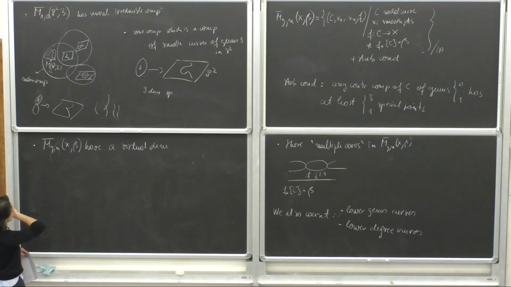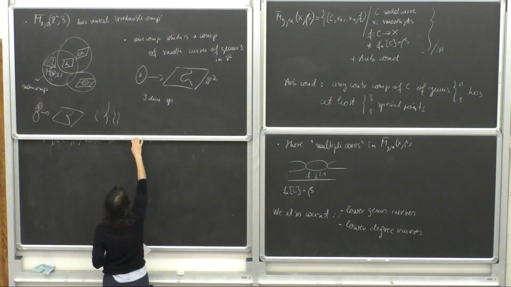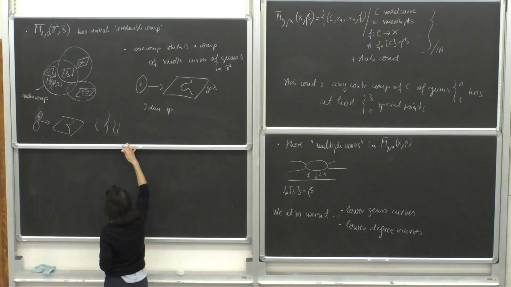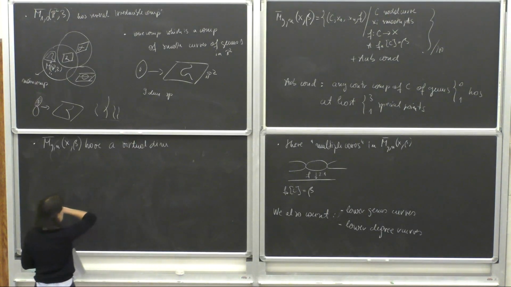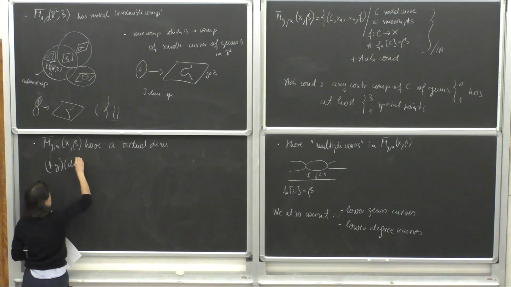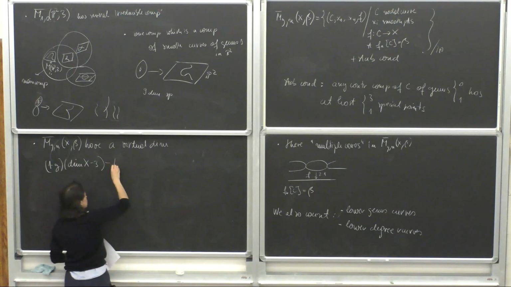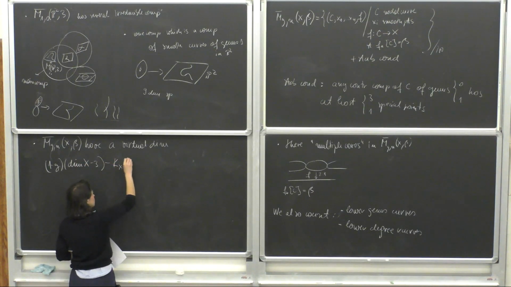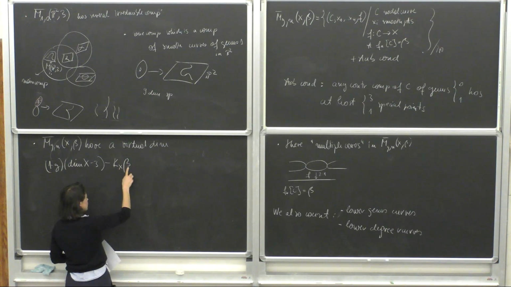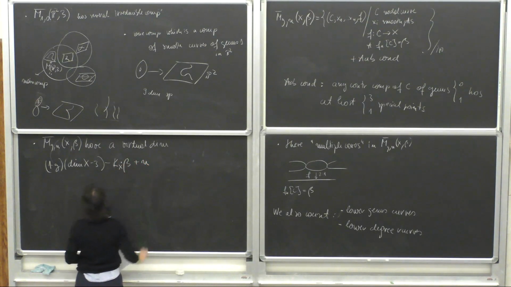In this case, this virtual dimension would have been 9, so this would have been the dimension of the space which is compactifying my smooth curves. It's not always the case, but it sometimes is. And this is a number which is (1 minus g) times (dimension of X minus 3), minus the canonical class intersected with the curve class, plus n.